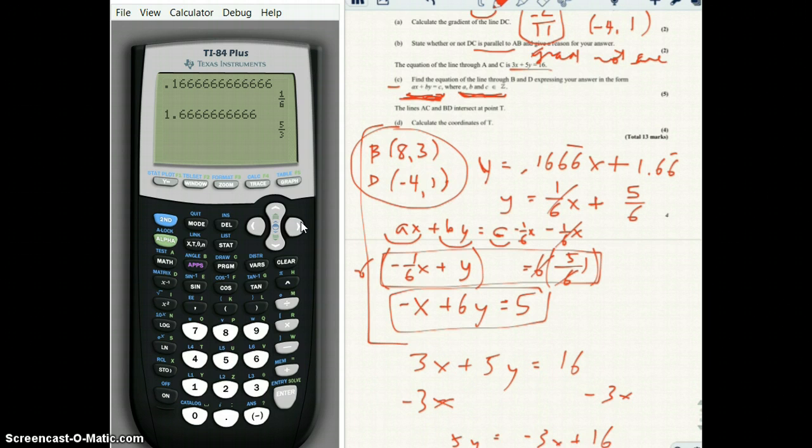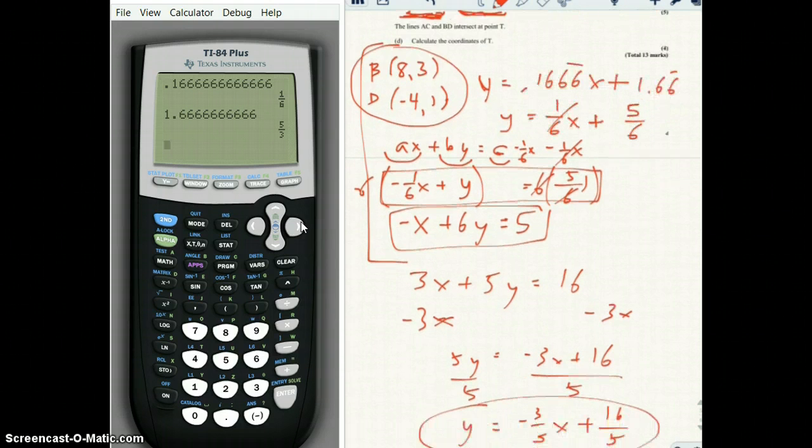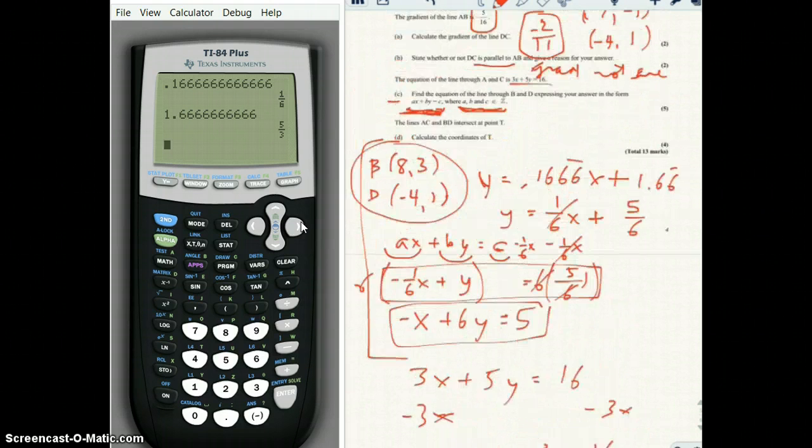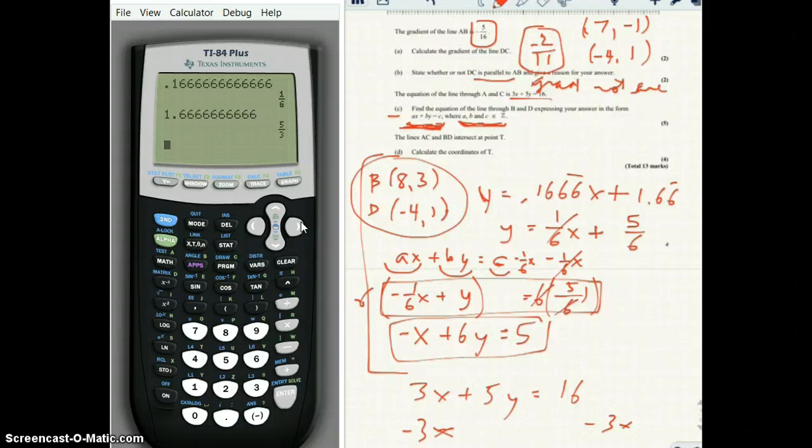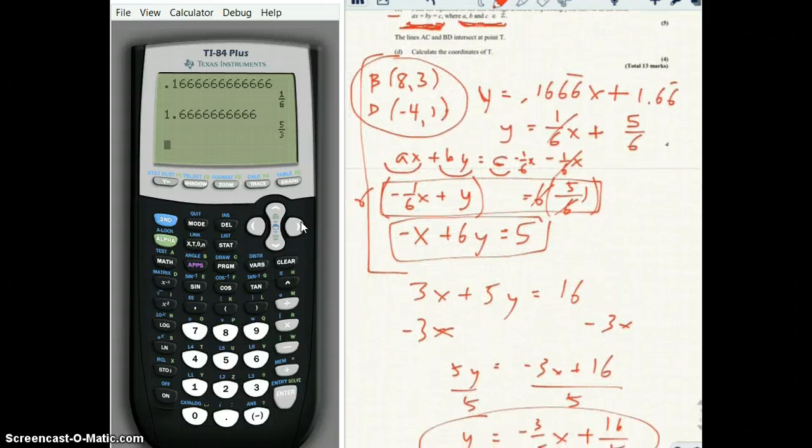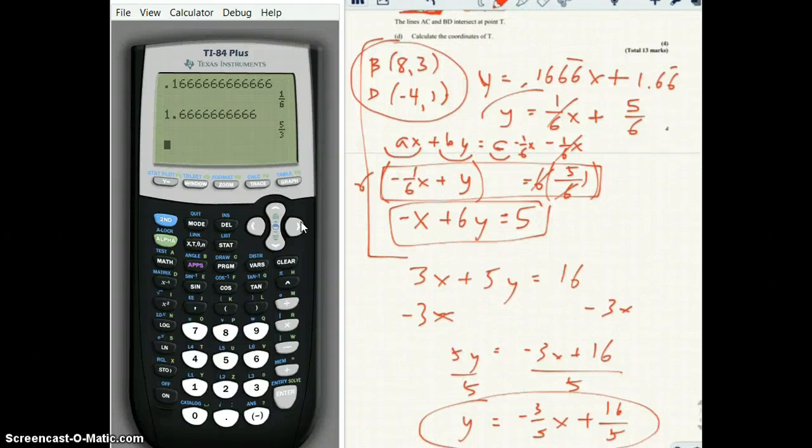And then D, we're going to find the intersection of AC and BD. To do this, we're going to go back to the gradient intercept form, which is that one.